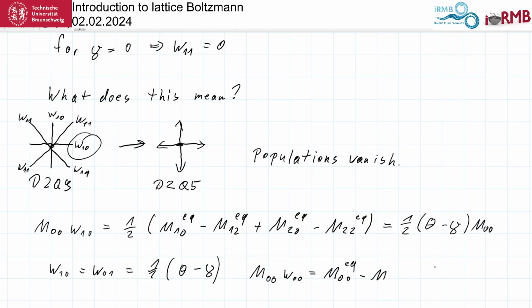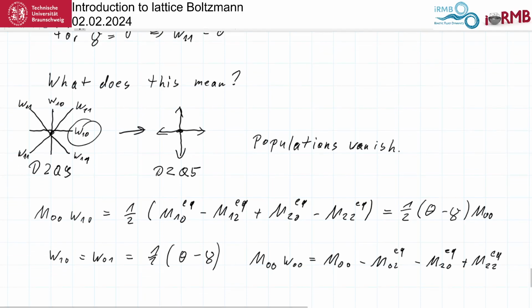Here the equilibrium is M00 in this case, minus M02 equilibrium minus M20 equilibrium plus M22 equilibrium, and this can be combined to say that this is M00 (1 minus 2 theta plus gamma).